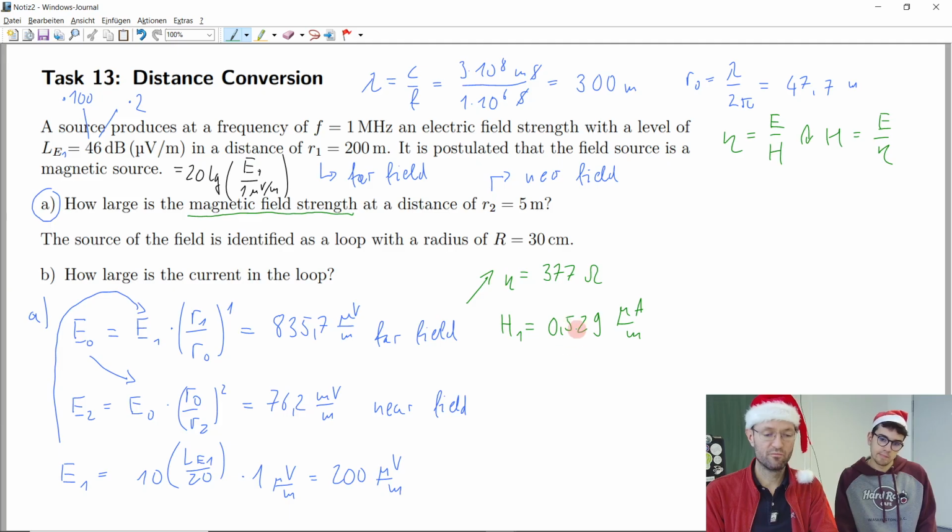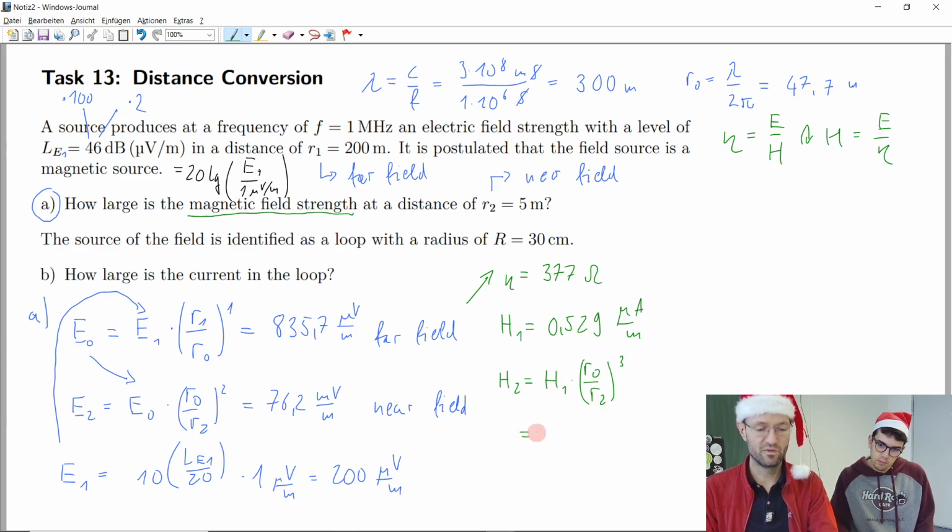Okay, now we could take this value and do the conversion into the near field once again, by saying H2 should be H1 multiplied with R0 divided by R2. And now which exponent do I need to use? 3, because we are in the near field of this magnetic source.